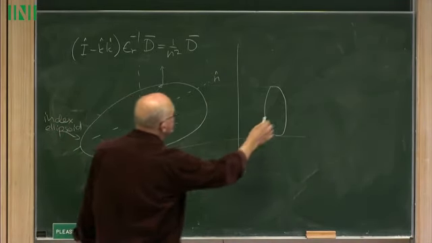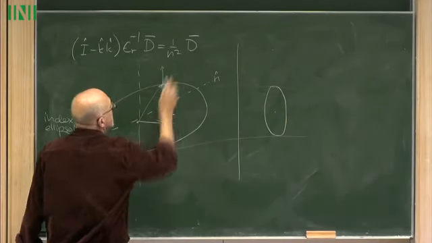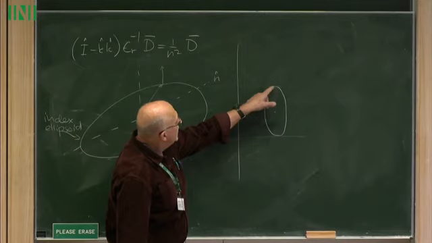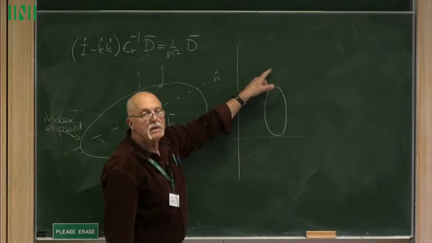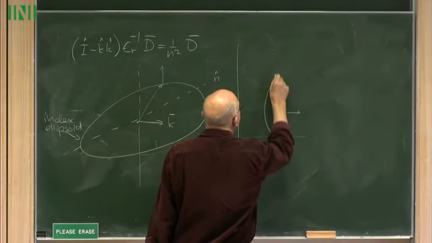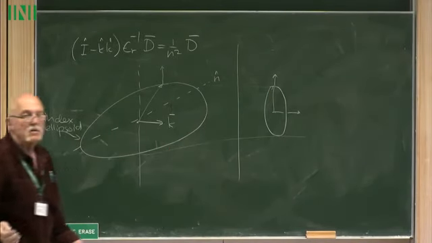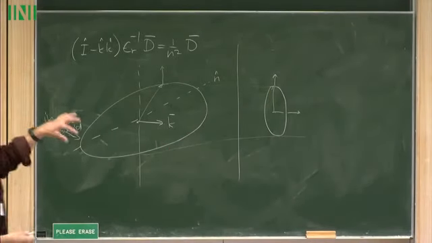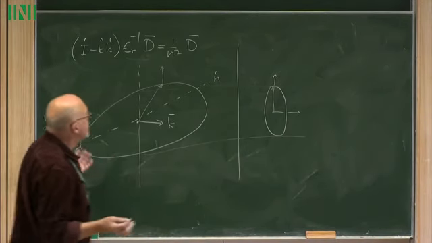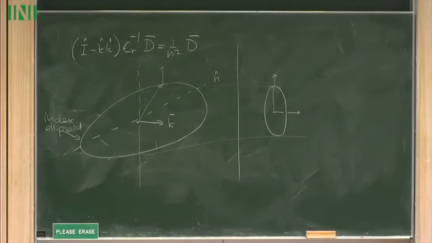And I'm asking the question, where shall I put my D so that what I have is going to be parallel to the normal? That's only two places, right? Either here or here. And that's the whole story. So these are the two solutions, and we are basically done.